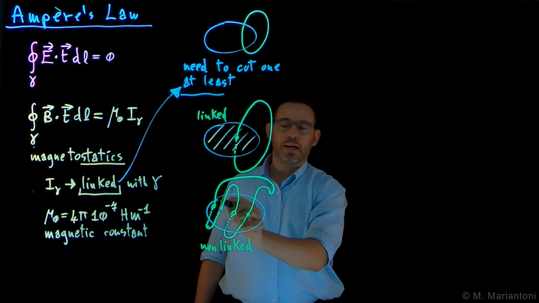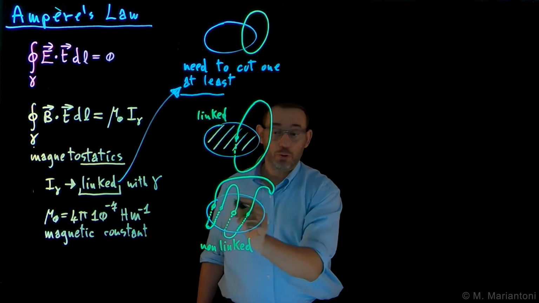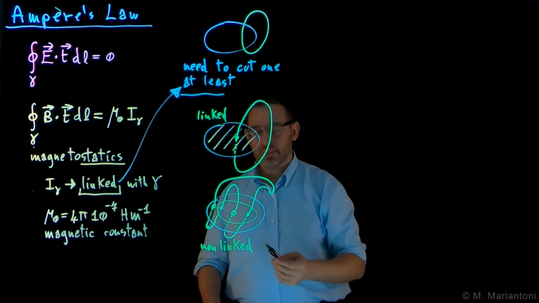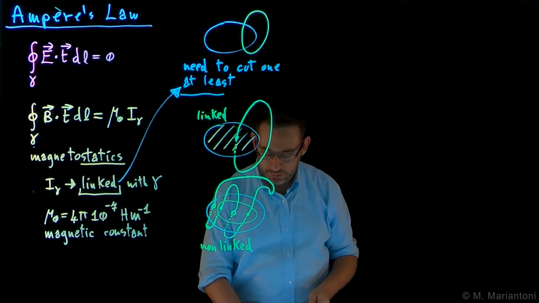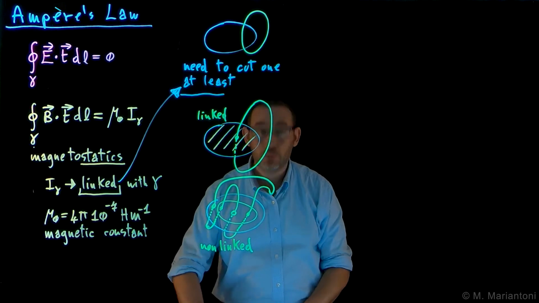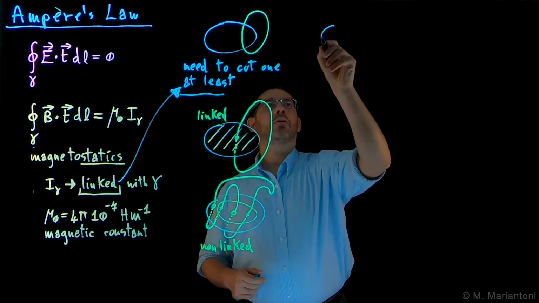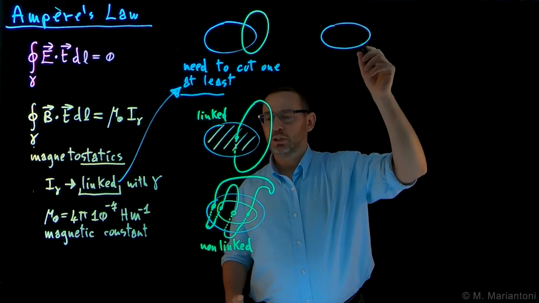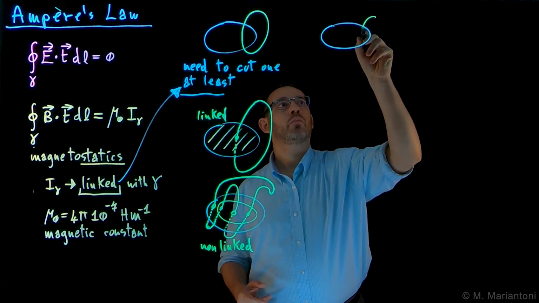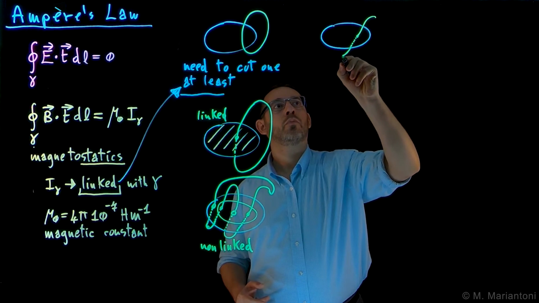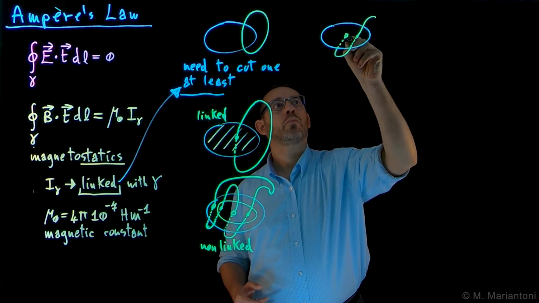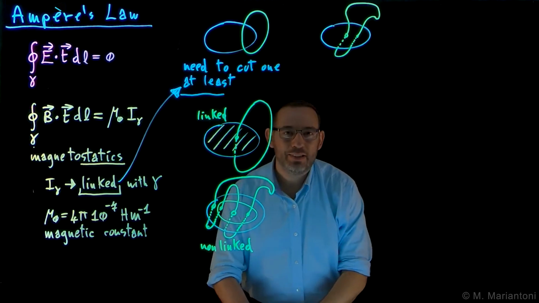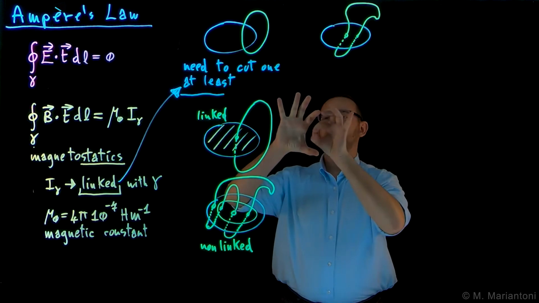If instead of doing 4 cuts, I had only 3, then again it would be linked. And you can easily understand this in the case of 2, which is probably the easiest one. So if I have this line here, and I cut it 2 times in this fashion, then I close it up, clearly these 2 lines are not linked, because it's like having this line here and then another line which goes in.